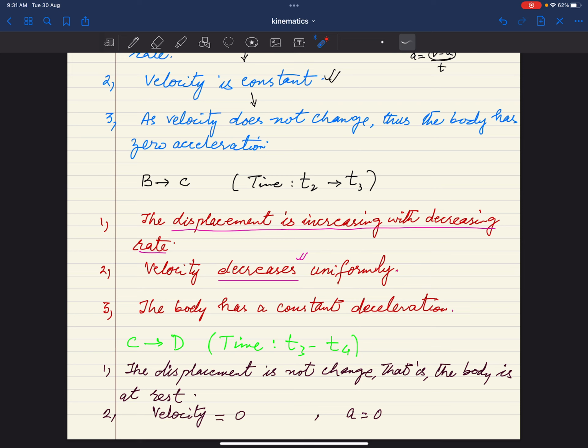Then from C to D, from T3 to T4, the displacement has not changed. So simply what you can say, that the displacement has not changed, that is the body is at rest, and velocity is 0, so acceleration is 0 as well.